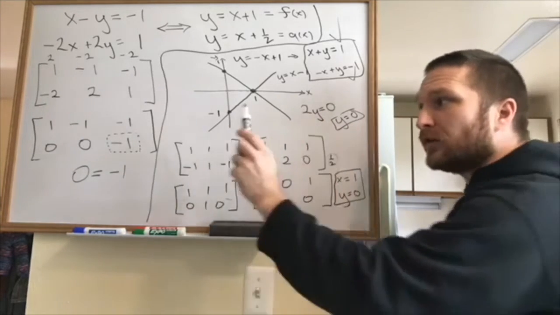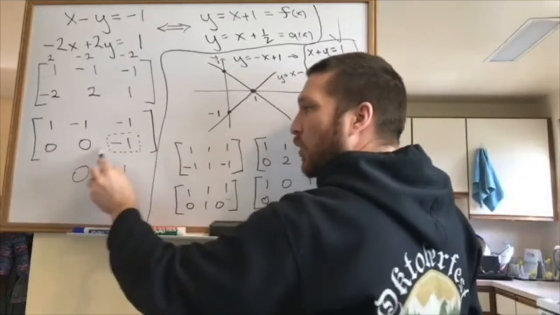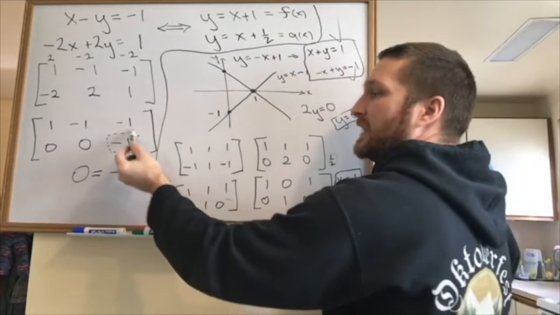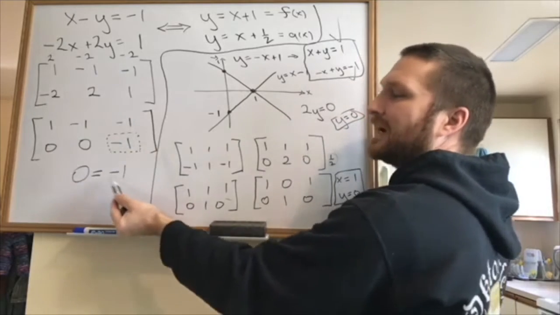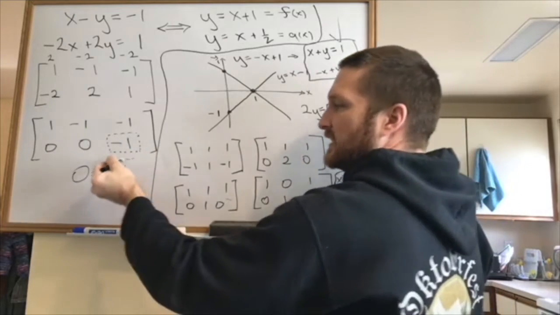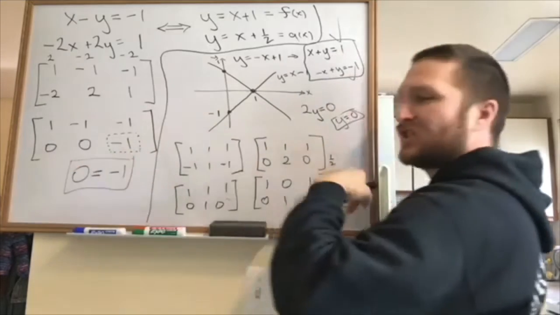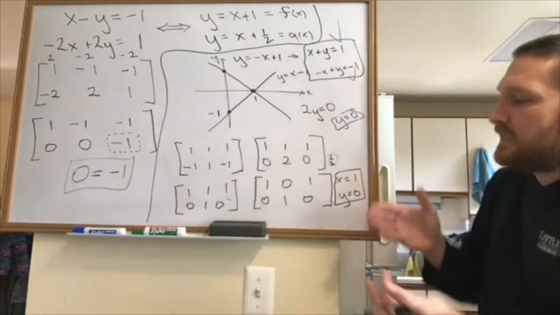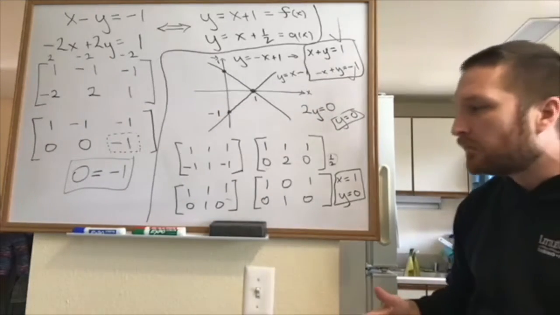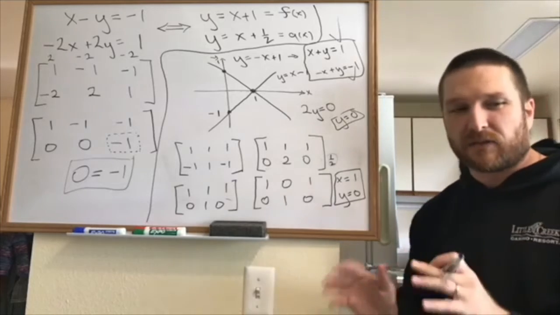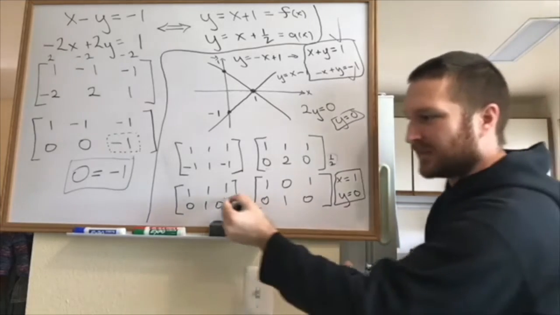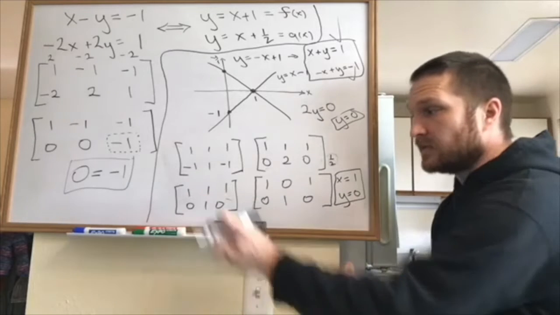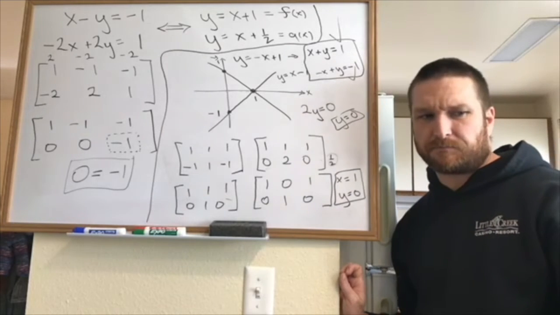But when all of your zeros are on the equation part, and then you have a constant right here, that is a contradiction because of what it means. In this case, you're saying that 0 equals -1, which is not true ever. In this case, you're saying it just happens to be that y is equal to 0. So we just got to be a little careful of that. When you get a system and you see something like this, don't think, oh, it's inconsistent. No, it just happens to be that y is equal to 0. Does that make sense? Yes.